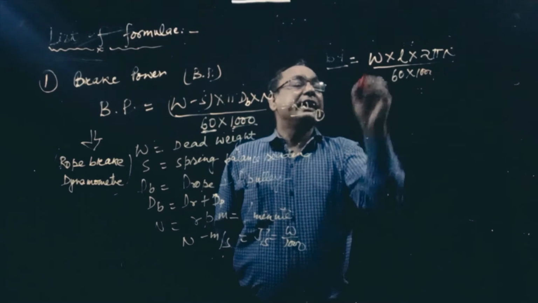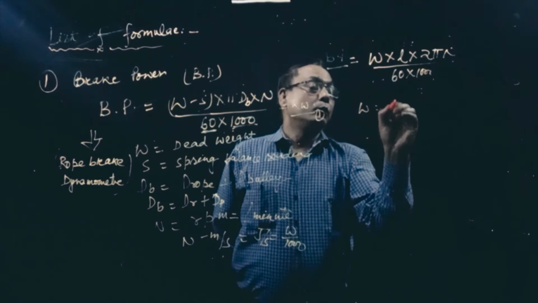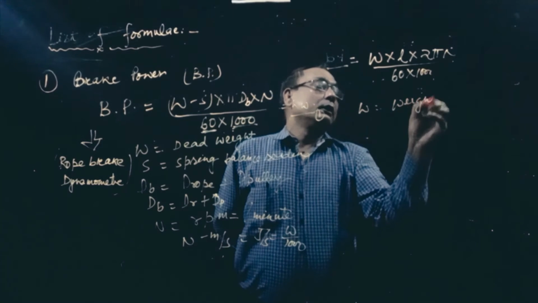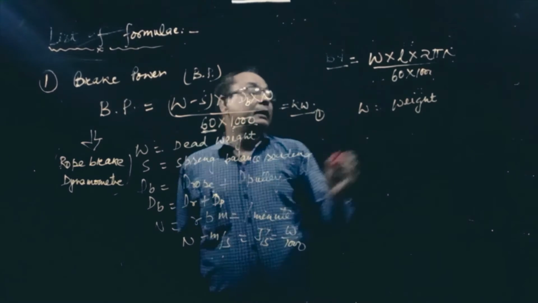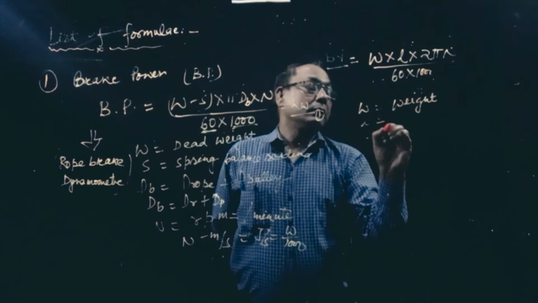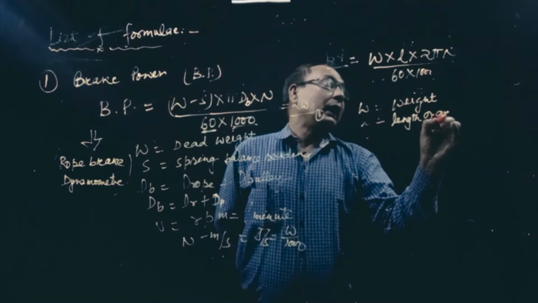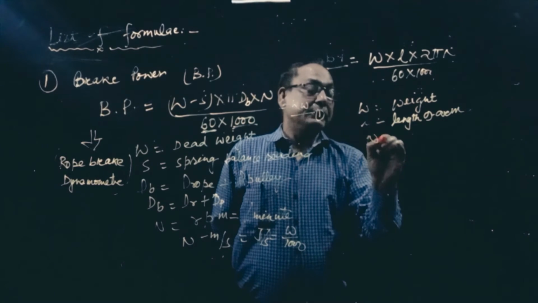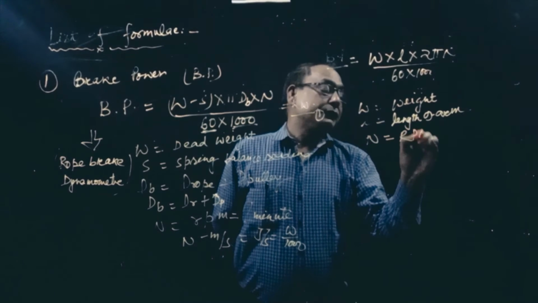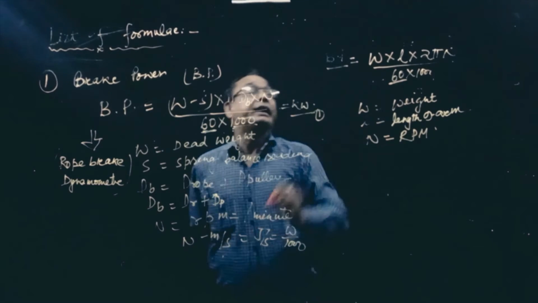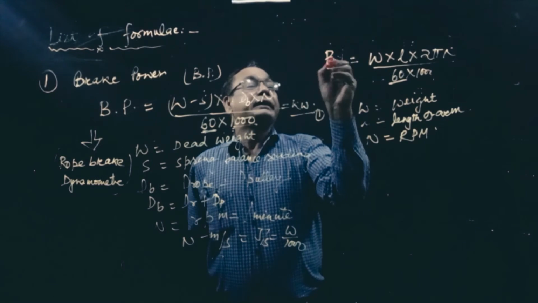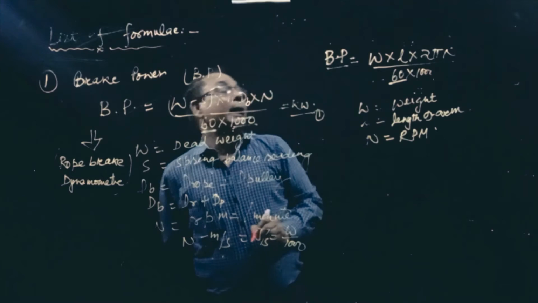Here also W is equal to weight, and L is equal to length of the arm, and N, you know, is RPM. That is why we have divided by 60, and if we divide by 1000, this will be kilowatt.